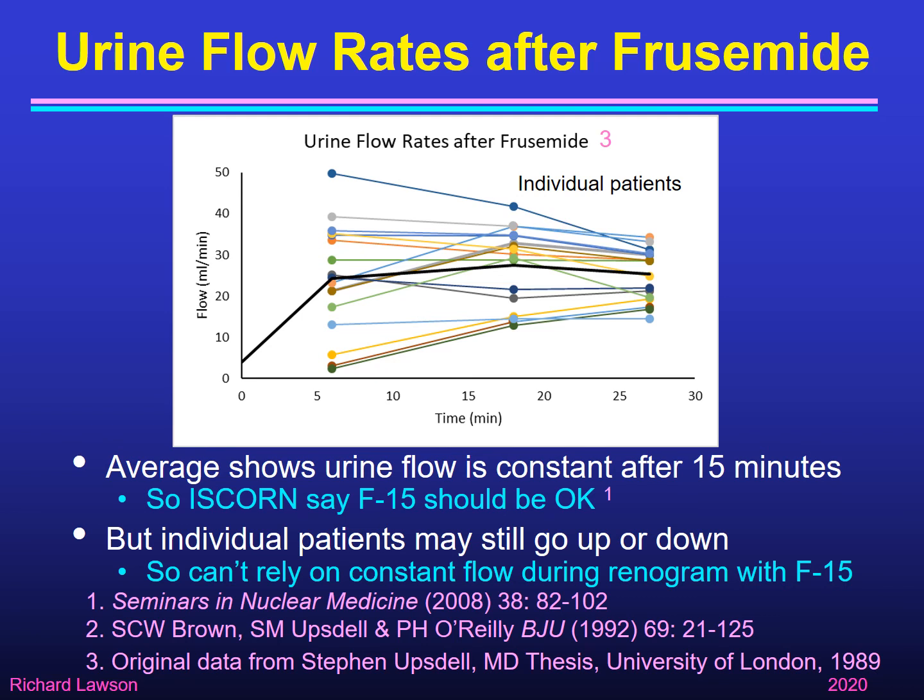So I think the variation between individual patients shows that you could not be sure that the flow rate in an individual patient was constant after 15 minutes. In some patients it might be, in others it clearly goes up, and in others it comes down. So in my opinion, it's not adequate to say that it's safe to assume a constant flow rate after 15 minutes. Therefore, I don't believe it's safe to apply deconvolution at any time after Frusemide.